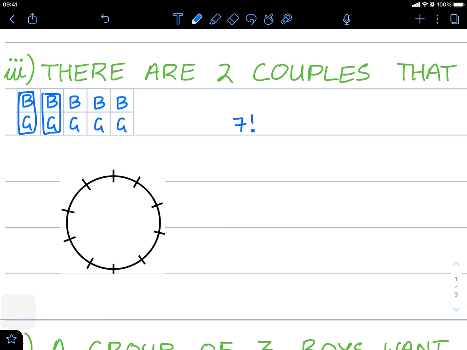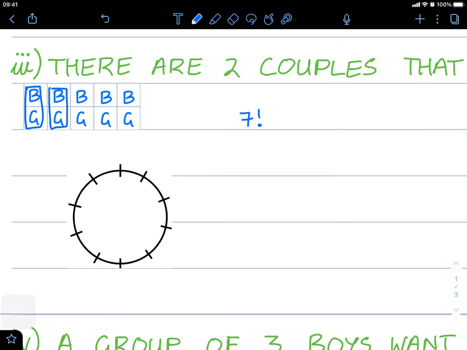But on top of this, let's pretend that the boy and girl from this couple sit here. Couldn't they also sit girl, boy, or boy, girl?